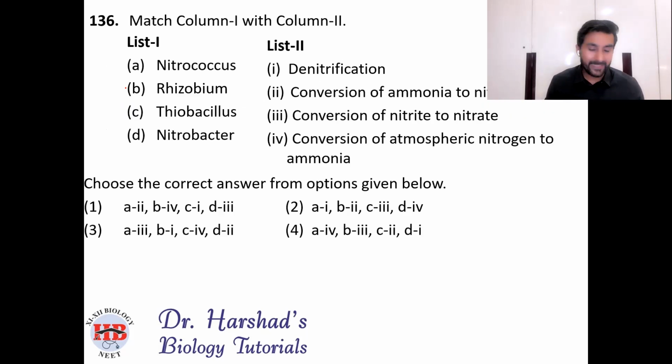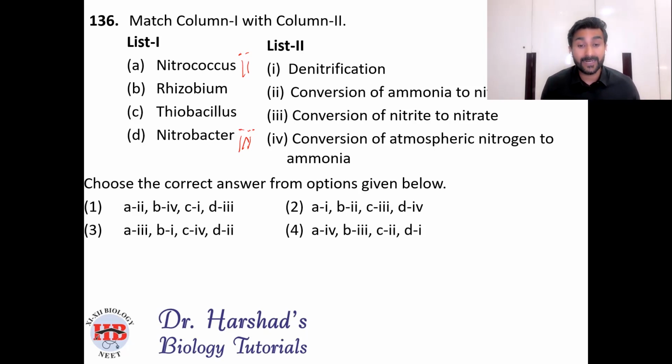Here you have the match the column. Now, if you remember, Nitrococcus is a bacteria responsible for conversion of ammonia to nitrite. So the option would be A2. Then this nitrite gets converted into nitrate by nitrobacter. So that is match number 3, D3.